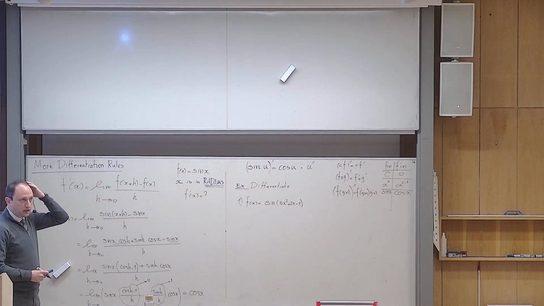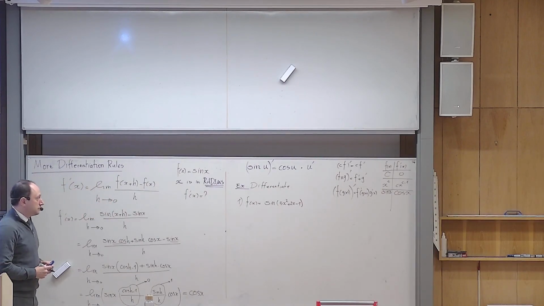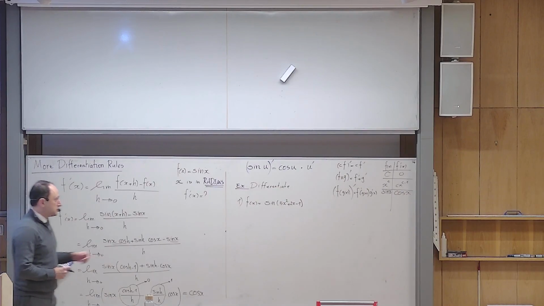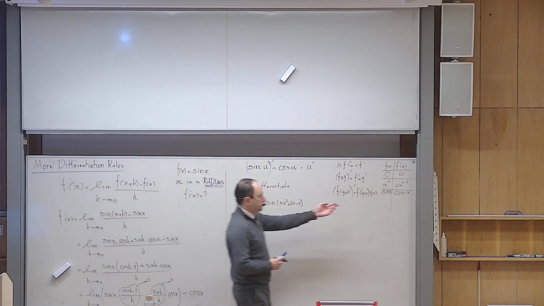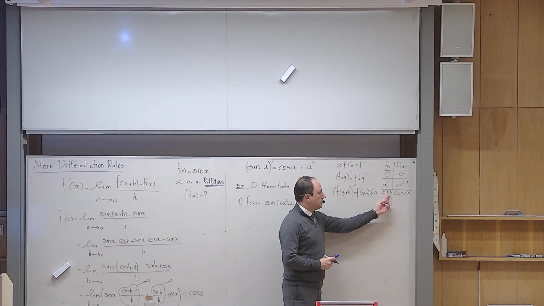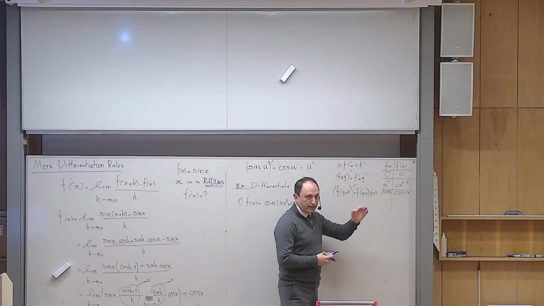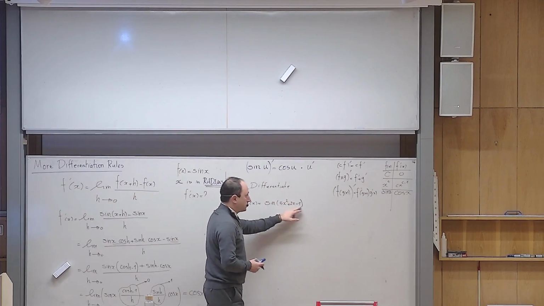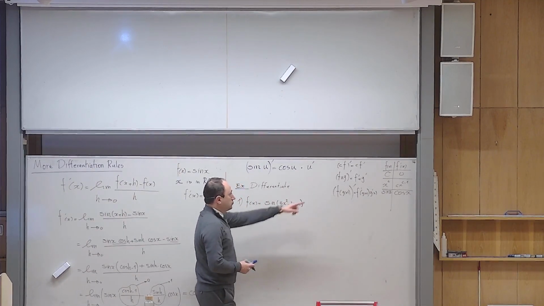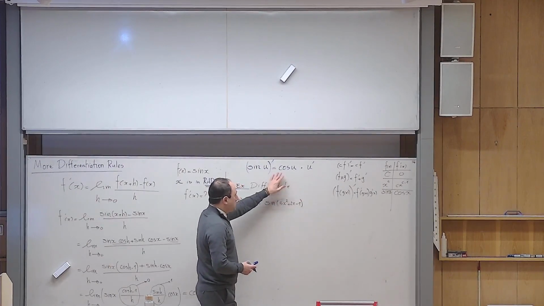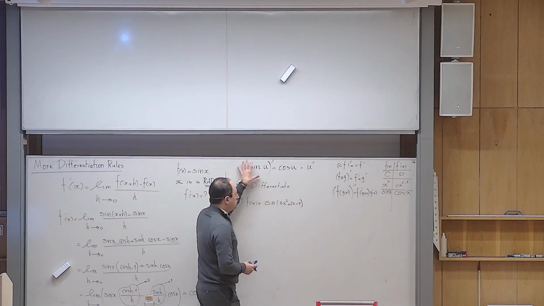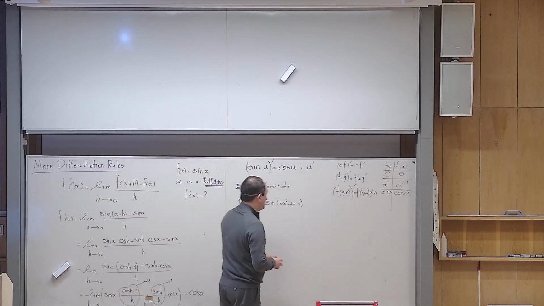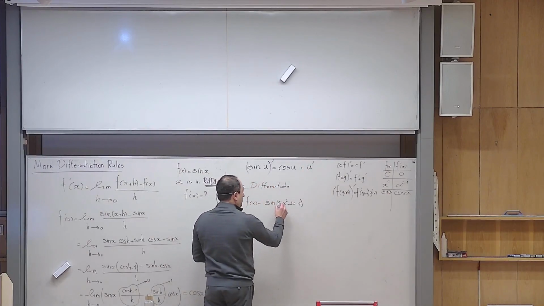So if I want to differentiate this function, this rule is not enough, because this only gives you the derivative of sine x. This is not sine x, this is sine of 5x squared plus 2x minus 1. So you need to combine this with the chain rule. This is the chain rule version, which you will not get in the formula sheet.